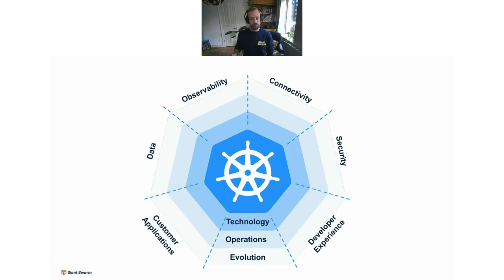So the developers are able to deploy, for example, by themselves as a self-service. We have the customer applications, and we have the data, and obviously we have some kind of maturity grade. Either we are only yet at the technology level where we build our platform, or the operations level where we are already able to have disaster recovery scenarios, and are able to evolve over time.